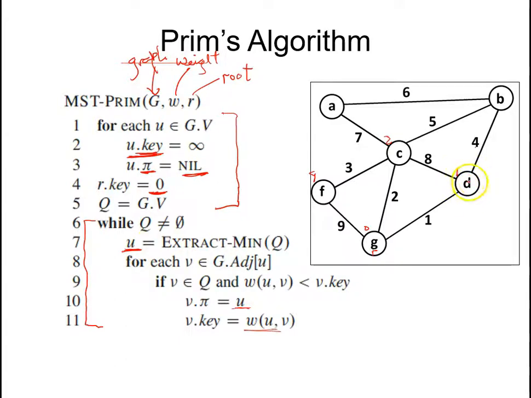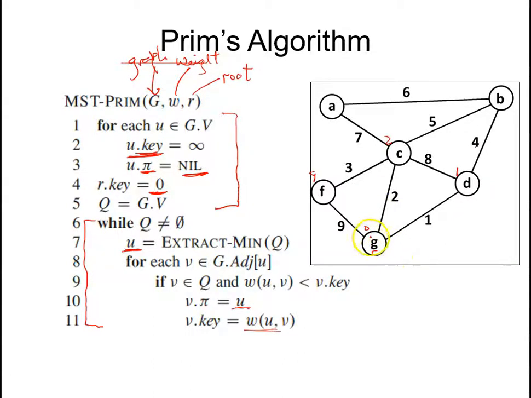Okay? And for each vertex in vertex D's adjacency, which are G, C, and B, we're going to go through each of them one at a time. If V is in Q, now this will not be in the Q. Okay, it was our root and it's no longer in the Q. It's been processed.